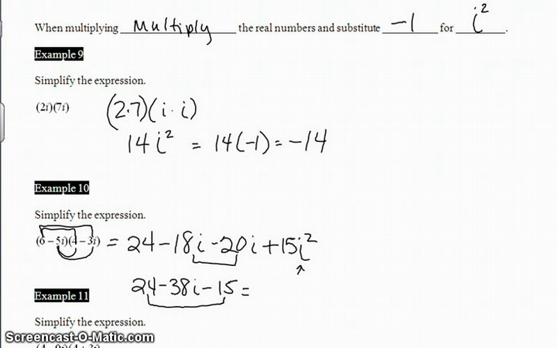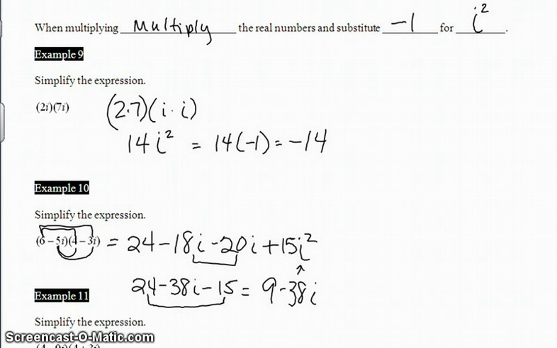So 24 minus 15 is 9 minus 38i. Hope that makes sense to everybody. We're just doing FOIL with one additional step. When we have that i squared, we substitute in negative 1.